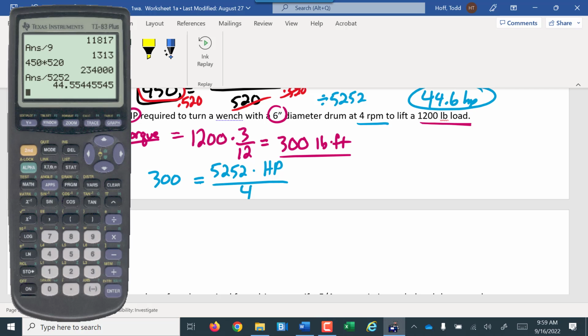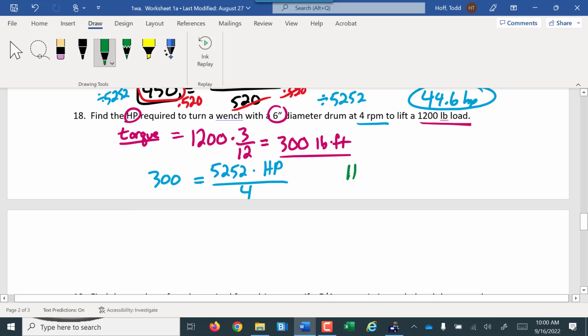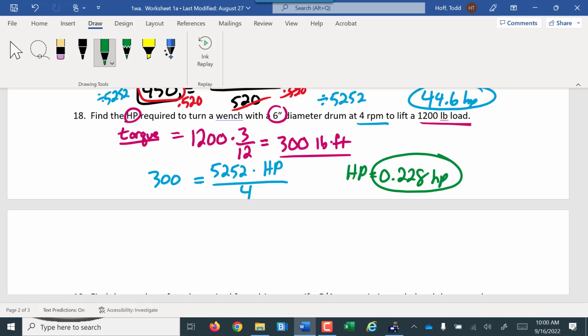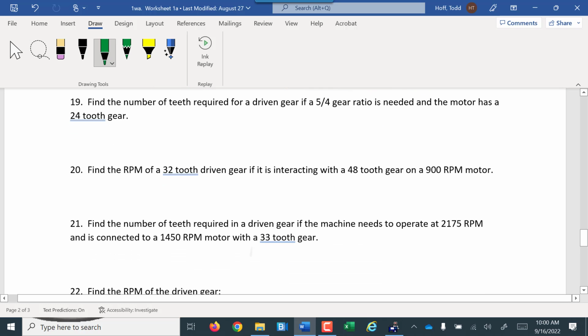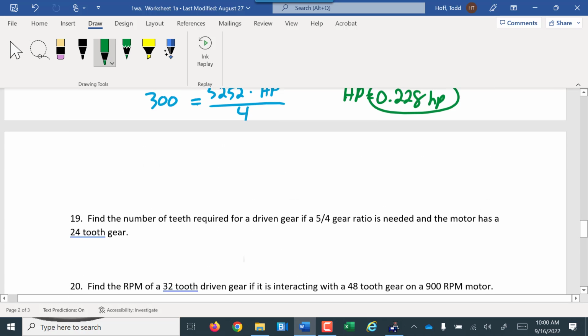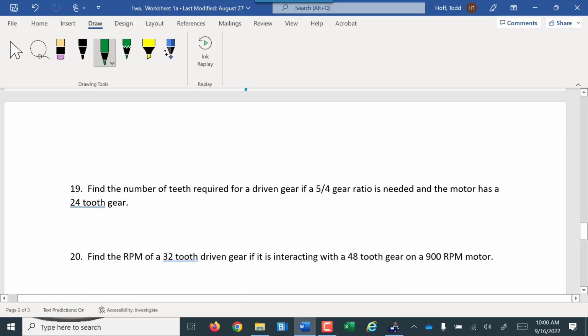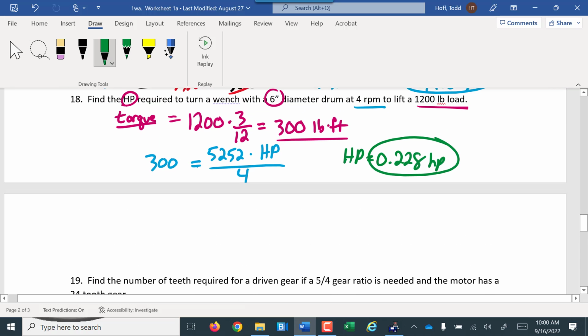Multiply both sides by 4, so 300 times 4, and then divide by the 5,252, we get 0.228. So a quarter horse would do that one. Any questions on that one? I'll leave it up for a second for you.